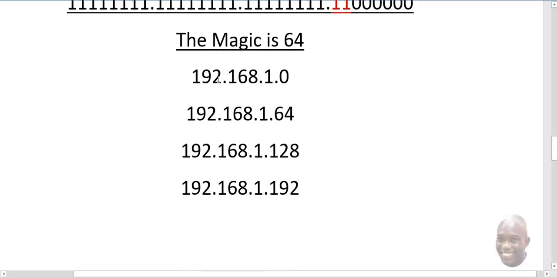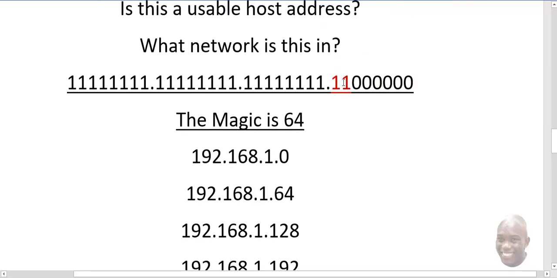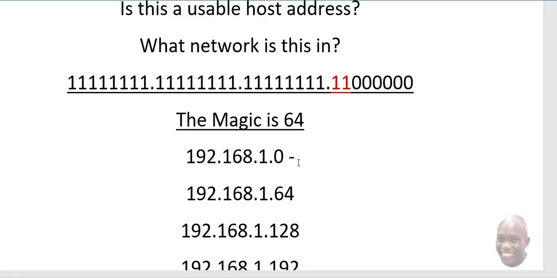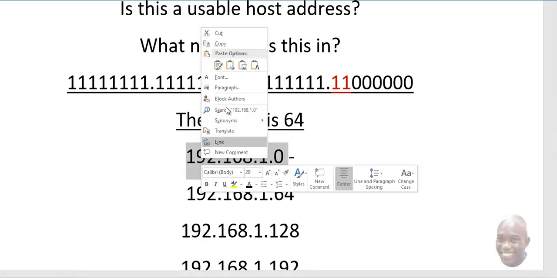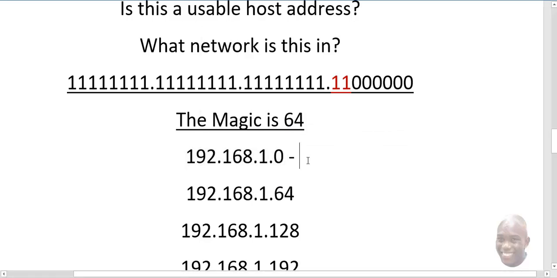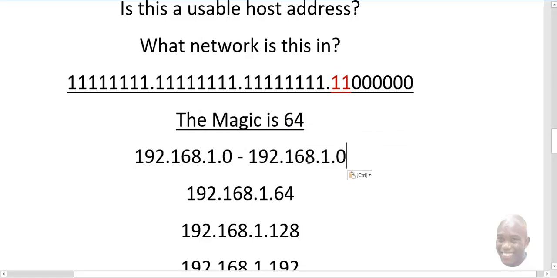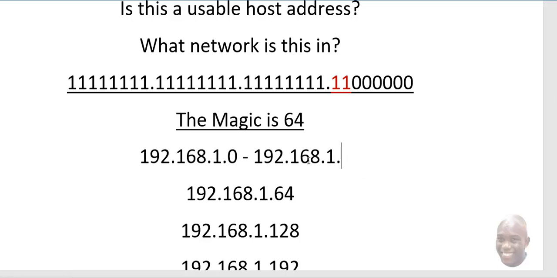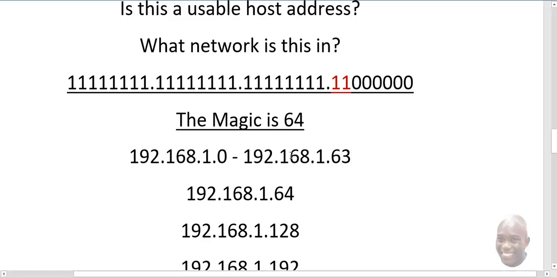Now, the interesting thing about understanding the magic number is that since it tells us how the networks increment, we can also derive the broadcast address. I'm going to copy it here. So this would be 192.168.1.63, because the next network starts at 64.